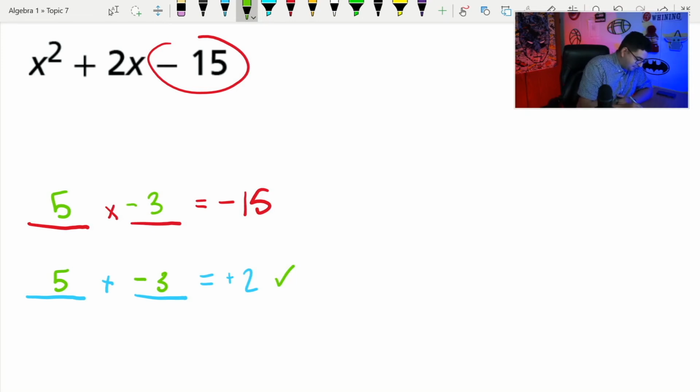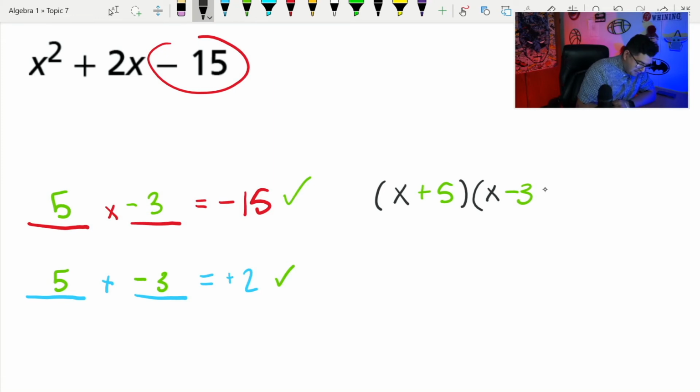And 5 times negative 3 is a negative 15. So I need the 5 to be positive and the 3 to be negative. That means my answer will be x plus 5, and then x minus 3. Those are the two binomials I'm looking at for this problem.